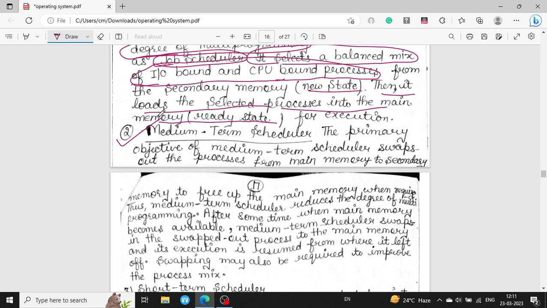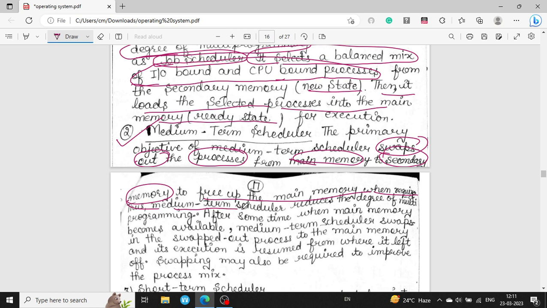In the long-term scheduler, the main motive is a good degree of multiprogramming, while in the medium-term scheduler, the main objective is to swap out processes from main memory to secondary memory, so that main memory is freed up when required.